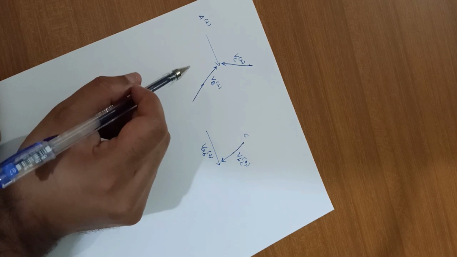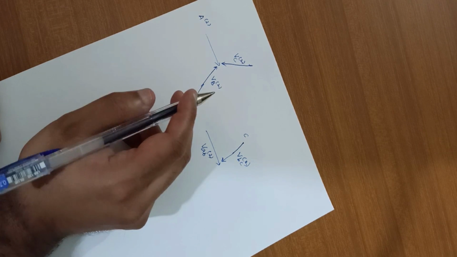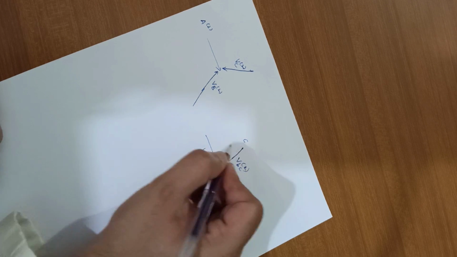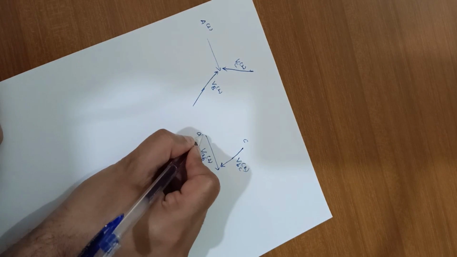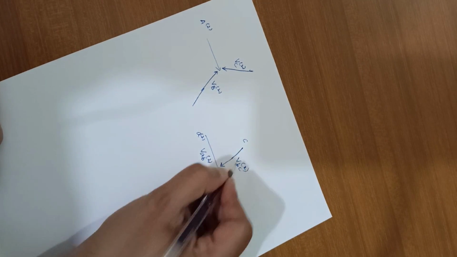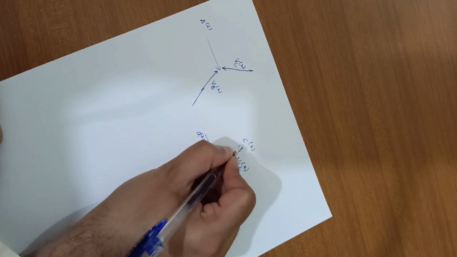Now this VC2 will be in phase with VCA2. So here we have A2, here B2, and this one is C2, right?